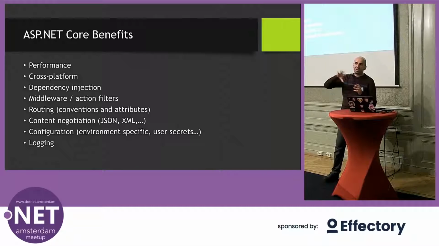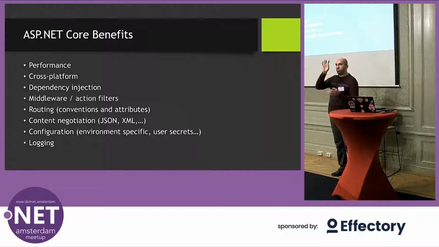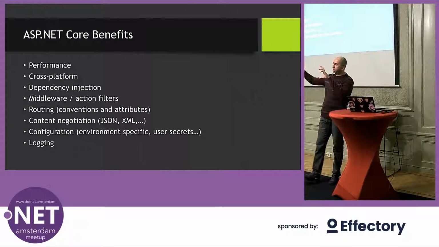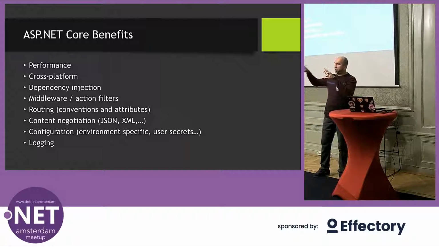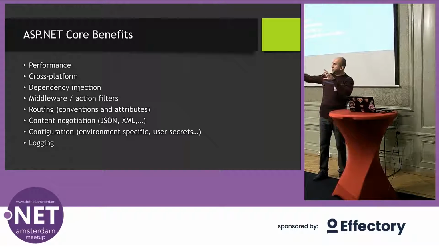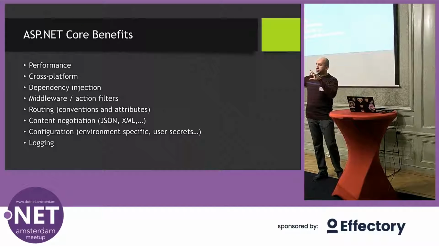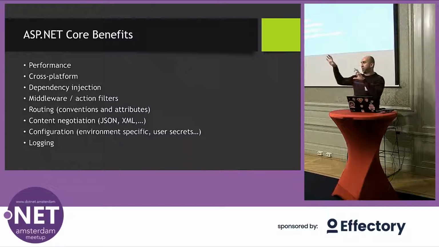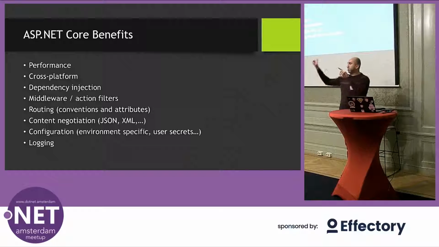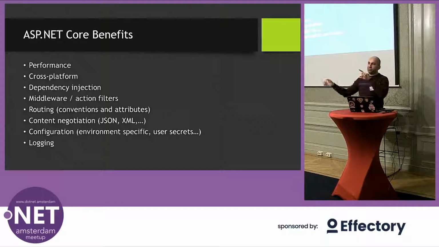So some kind of a linked list. So the first middleware gets the request, does something with it, and just gives it to another middleware, and they form a chain. And when the request comes to the last middleware, which is in most cases the MVC middleware, which is the biggest one, it returns the response back through all of the middlewares, but in reverse order.